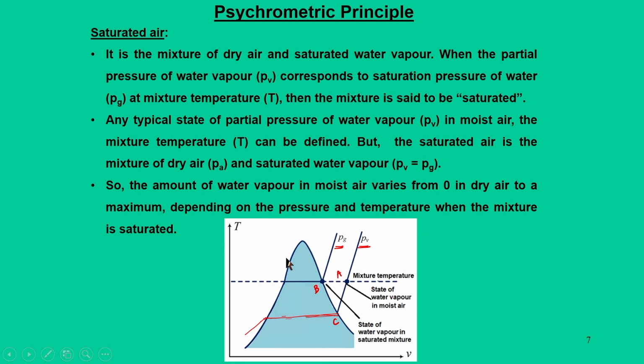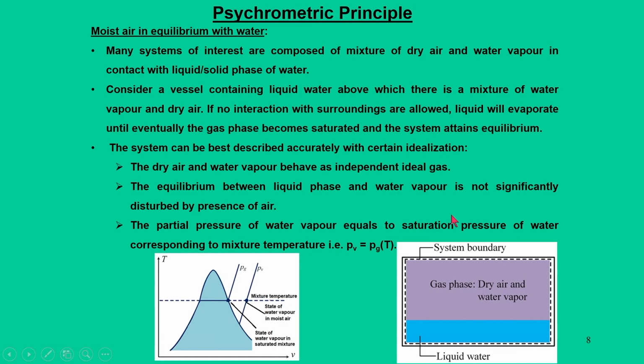And of course, the amount of water vapor present in the air can vary from 0 to 1. When it is 0 it is dry air, and when it is maximum it is saturated air, depending on the pressure and temperature when the mixture is saturated.